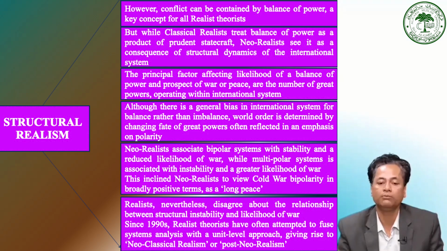But there were problems because you cannot really understand the problem of war and peace just by focusing on the structural or systemic factor. Rather, there is a need to combine the individual level of analysis and also the domestic level of analysis. So that's why there was a new challenge to neo-realism, posed by neoclassical realism that combined the best elements of classical realism and structural realism.